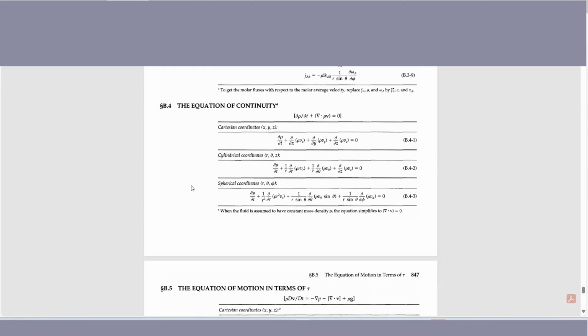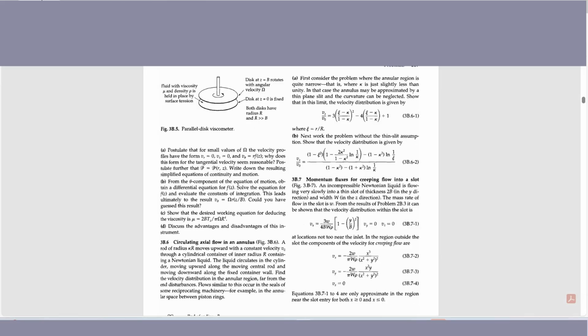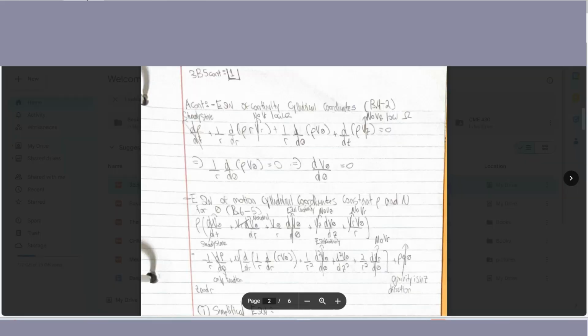All right, equation of continuity in cylindrical coordinates. You get this from table B.4-2, and we're using cylindrical coordinates just because this is a cylinder. Cancel this out because it's steady state.